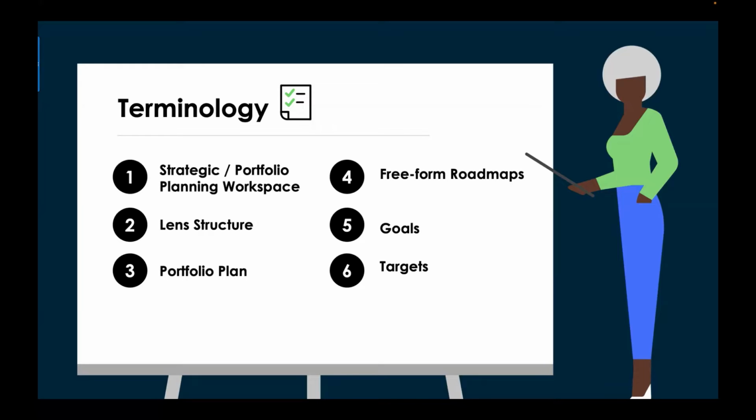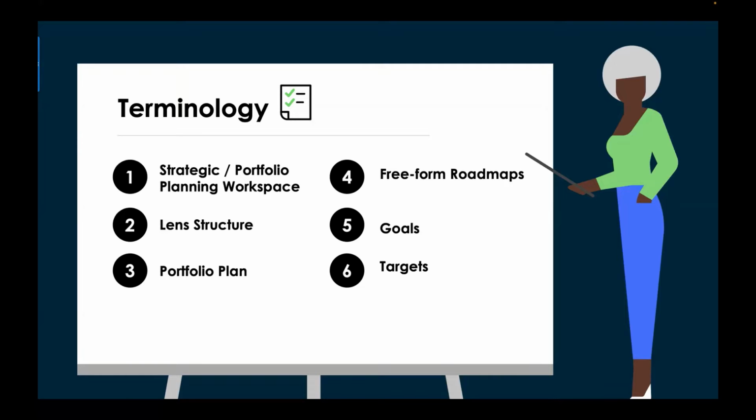Our free-form roadmaps, they're a standalone visual roadmap, and to start high-level planning of work across multiple units within your organization. We have goals, and they represent specific financial and non-financial objectives and results, as a company or as a department or a portfolio, where the goals are aimed to achieve over a specific time period.